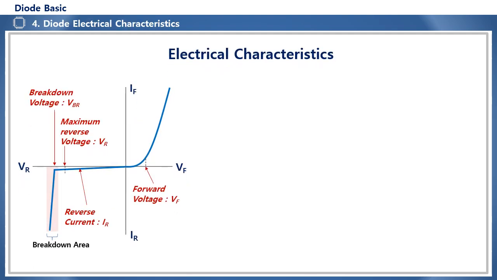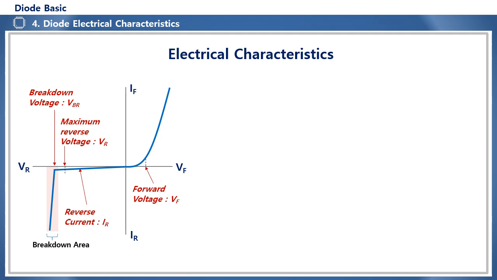Let's learn about the electrical characteristics of diodes. The forward voltage, VF, is the turn-on voltage of the diode in the forward bias state. It is around 0.7 volts for a general diode and less than 0.5 volts for a Schottky barrier diode. The reverse current, IR, is the current that flows in the reverse bias state and is small, less than tens of microamperes.